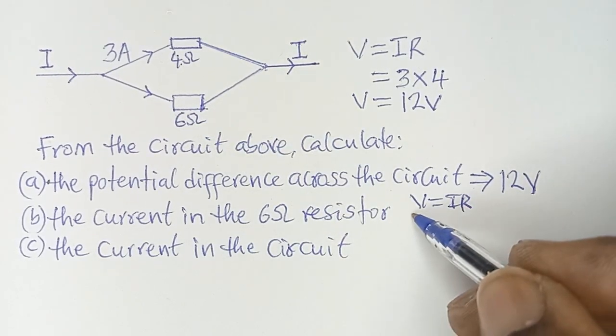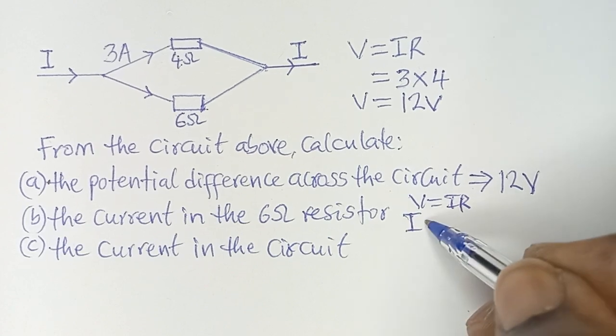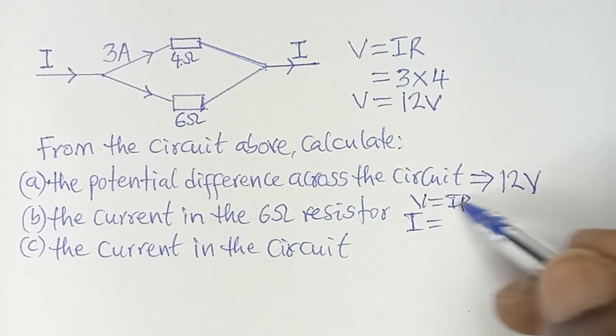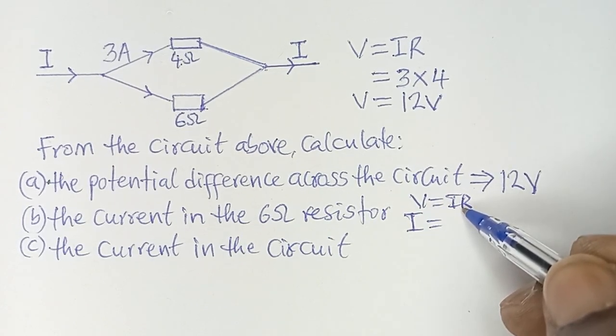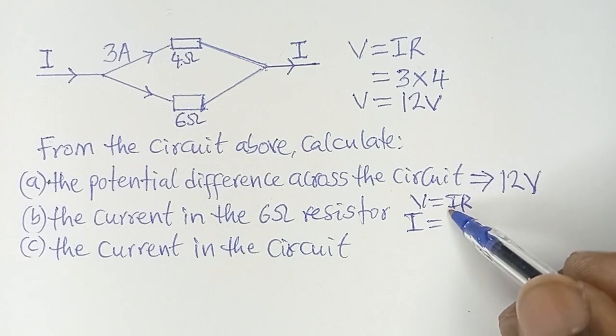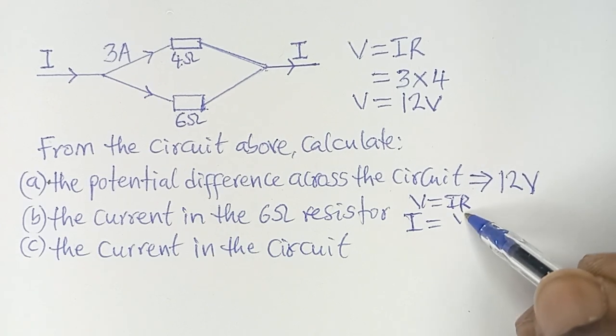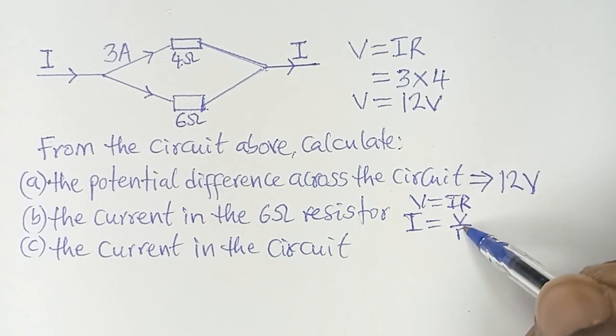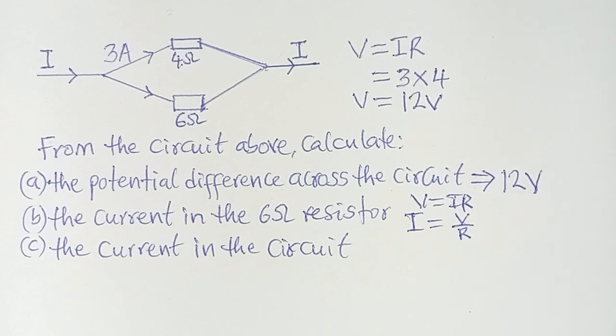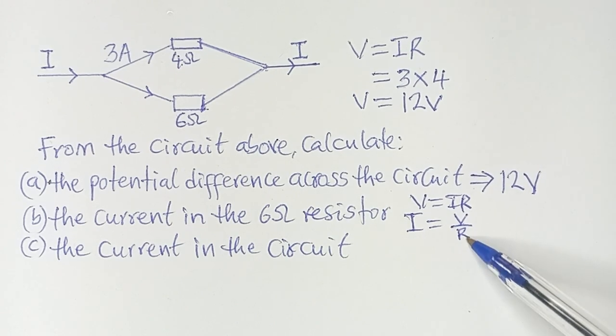So the same voltage of 12 volts will pass through this 6 ohm. So I can as well say the current through this 6 ohm will now be, making current the subject of the formula, I mean, if I divide both sides by R, I have I is equal to V over R. So for the 6 ohm resistor, the current through it is the voltage through it all over its resistance.